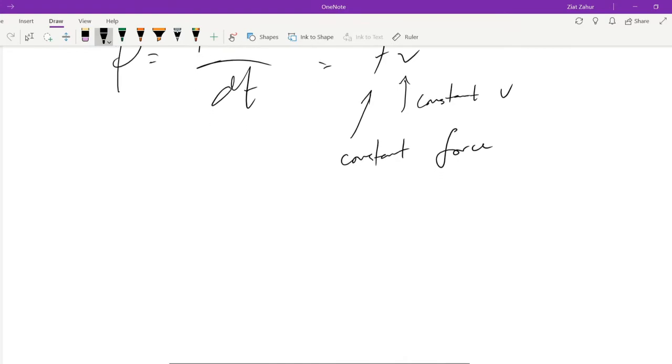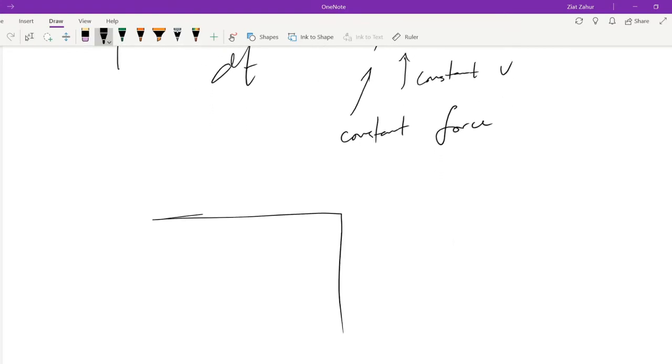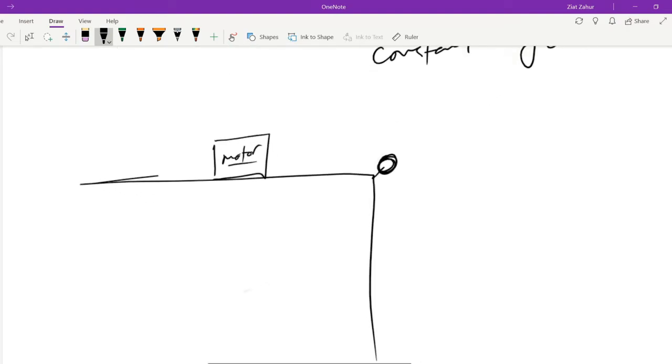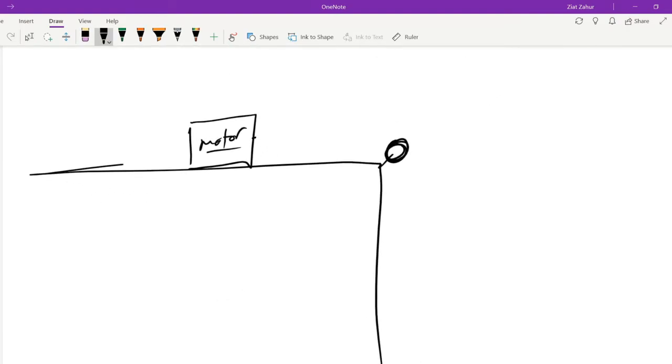So a classic example would be where you have, let's just make this ideal still, a motor, and this motor is able to do work. It's like, imagine a fishing reel, and it's able to reel in objects.